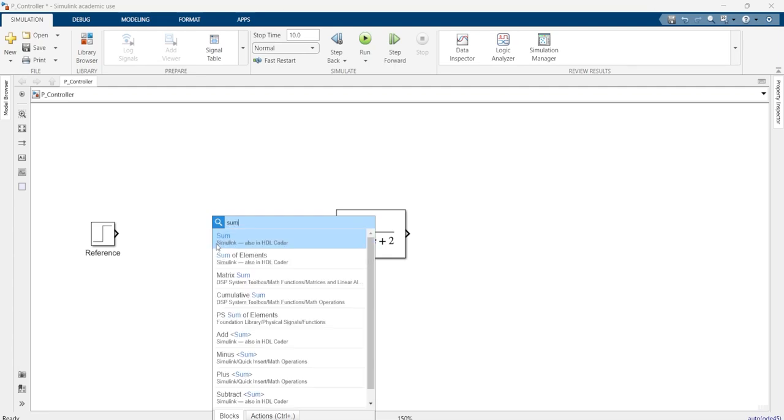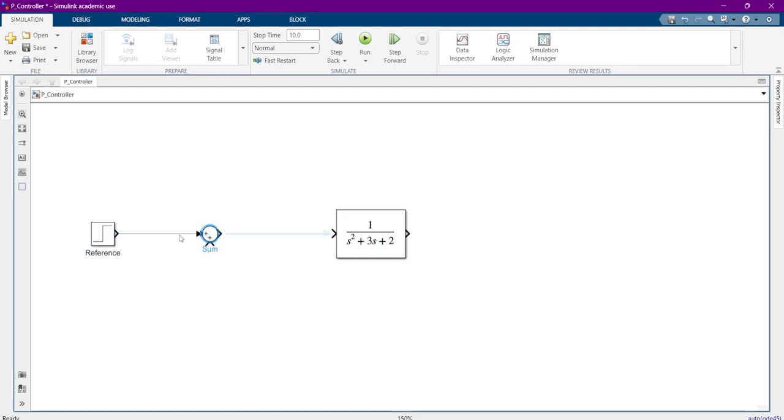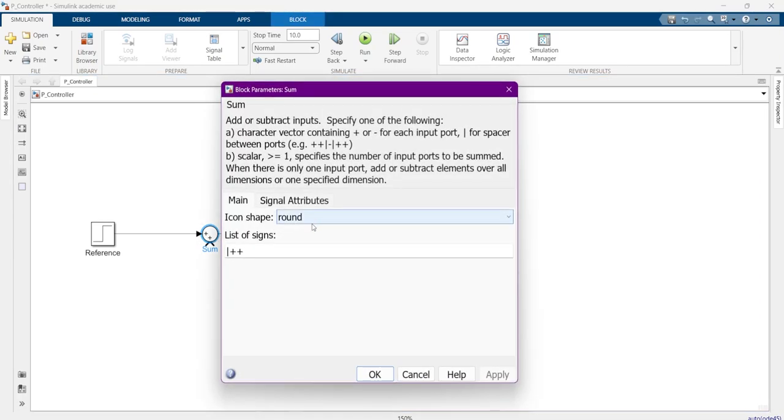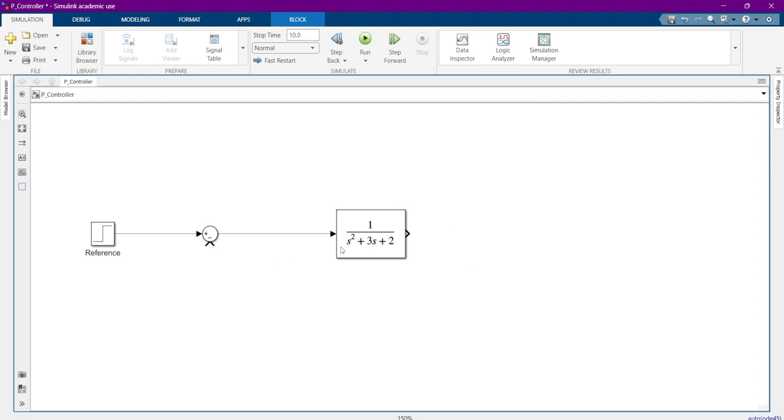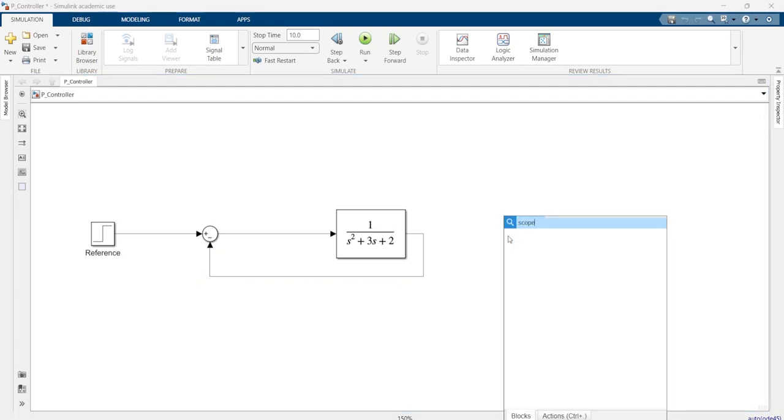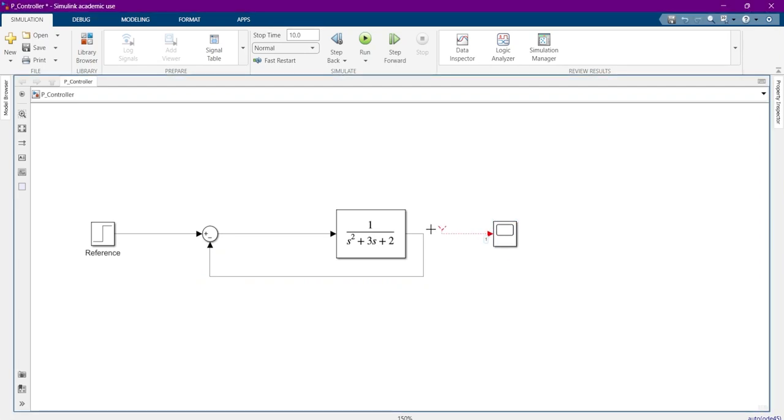So we will add a summation block, and it has to have a negative sign in order to form a negative feedback, as it's called in the literature. Then we will add a scope to have a look at how the response is behaving. So this is our system without the controller, and let's just call this a plant.